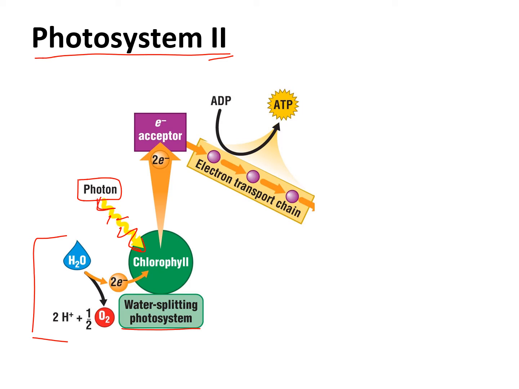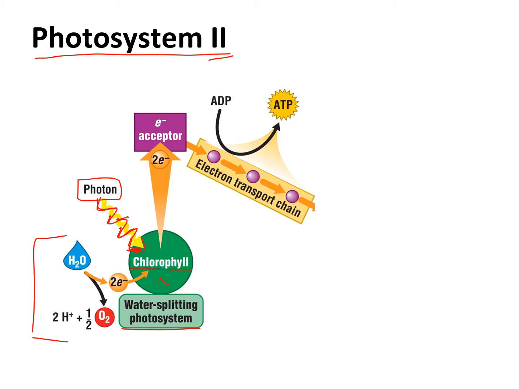So as the photon interacts with one of those pigments, the photon is going to transfer its energy to an electron on the pigment, and then that electron is going to get transferred to other pigments. And it's going to be transferred through the photosystem until it's funneled down to the reaction center chlorophyll, which is a chlorophyll A.